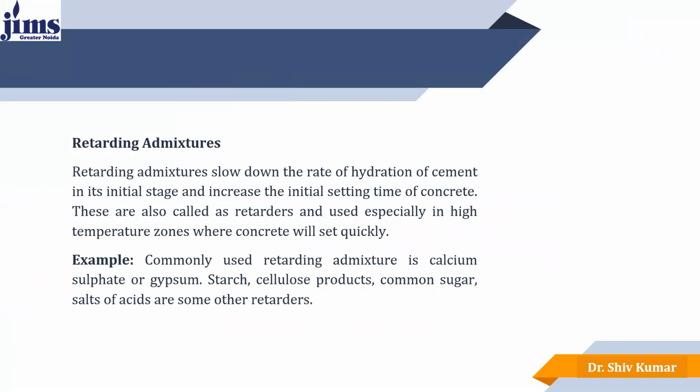Next is the retarding admixtures. Retarding admixtures slow down the rate of hydration of cement in its initial stage and increase the initial setting time of concrete, so that they can set slowly.